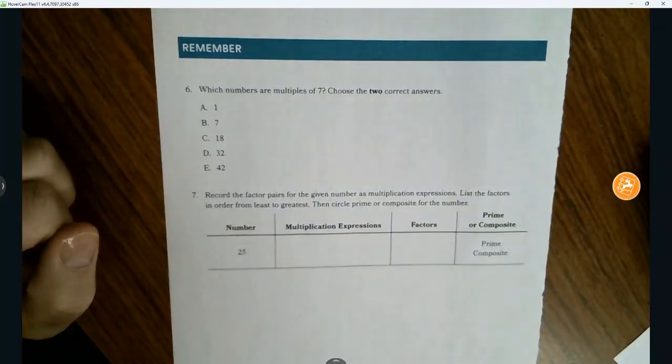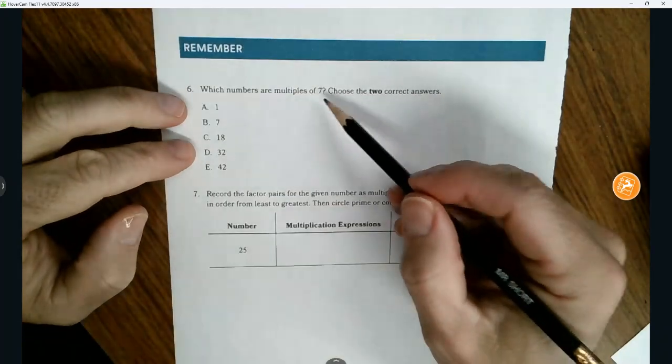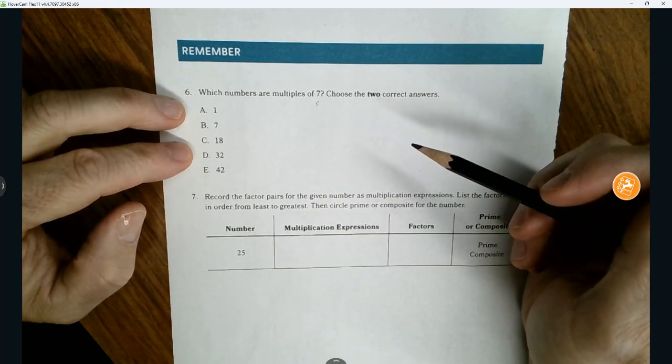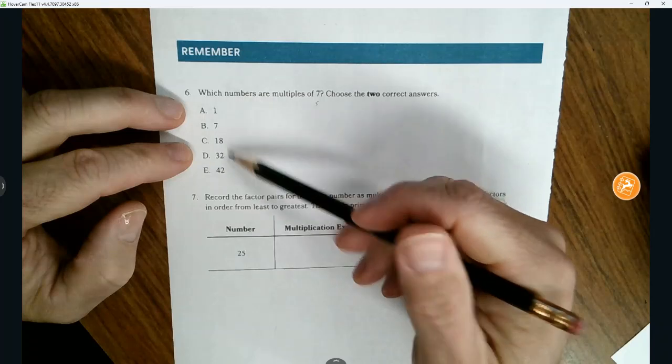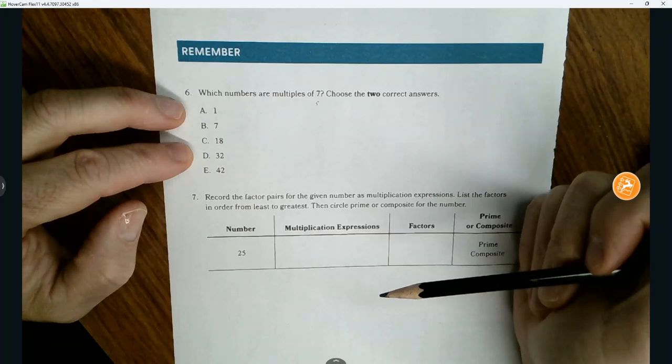On the back, I'll read this. I'm not doing it. Which numbers are multiples of 7? Choose the 2 correct answers. So multiples of 7. What numbers can be multiplied together to equal 7? Circle the 2. All right? Or is it multiples of 7?